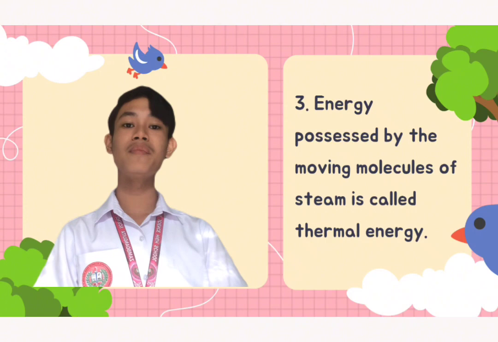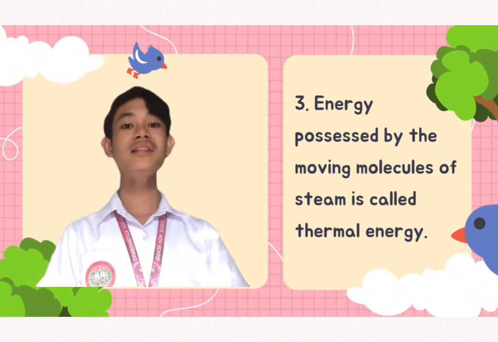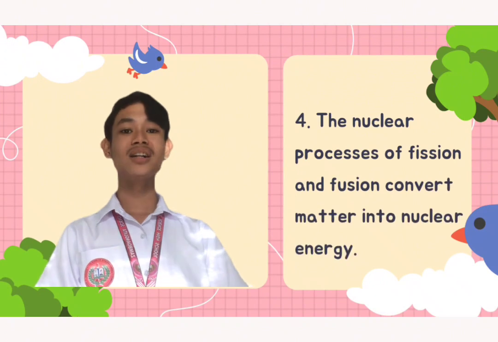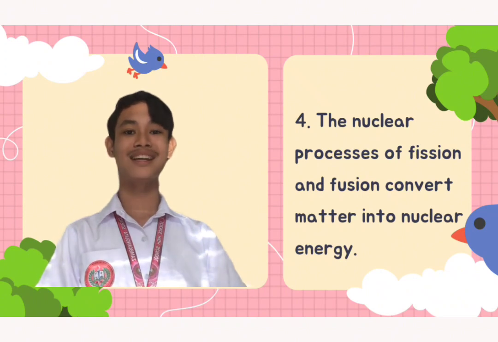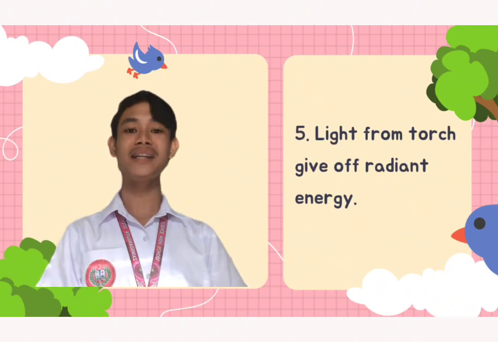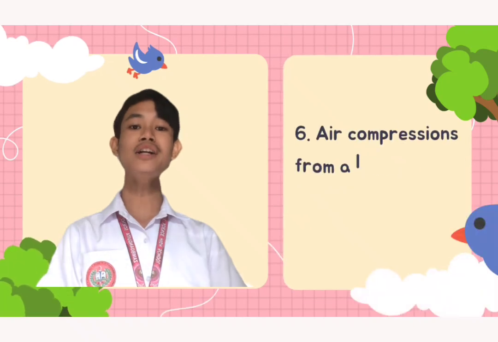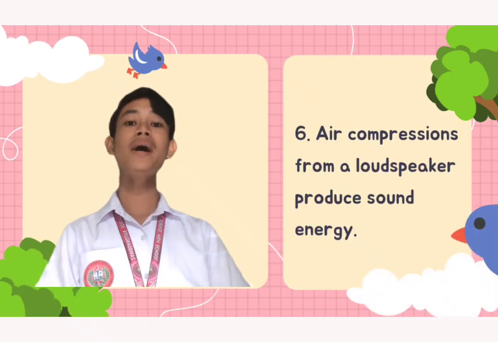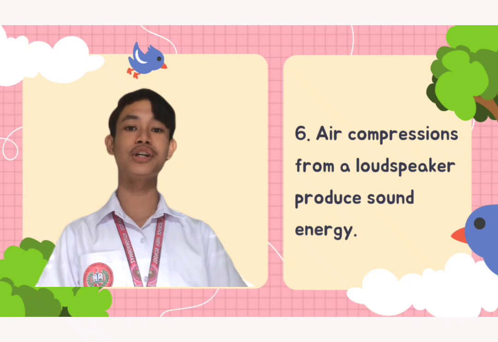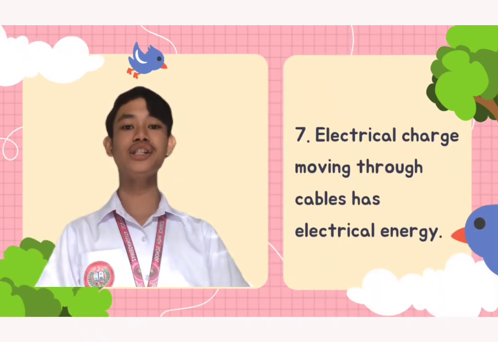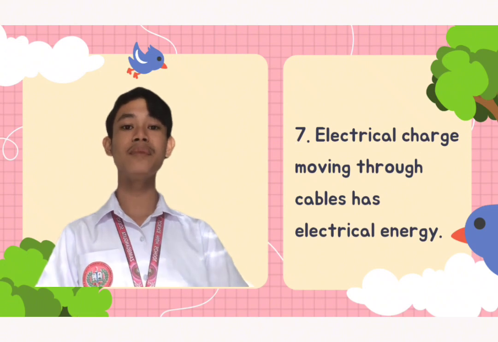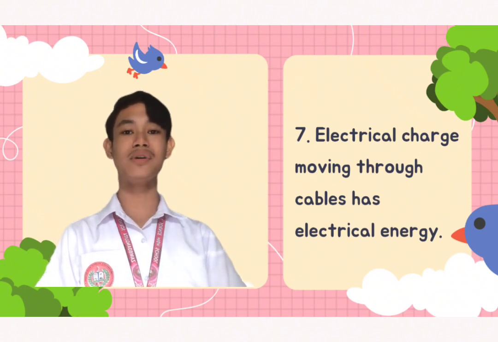The kinetic movement of steam molecules signifies thermal energy. Nuclear processes of fission and fusion transform matter into nuclear energy. Radiant energy emanates from torchlight, and sound energy is generated by air compressions in a loudspeaker. Additionally, electrical energy is manifested through the movement of electrical charge in cables.